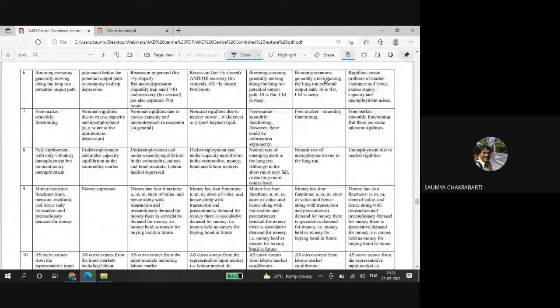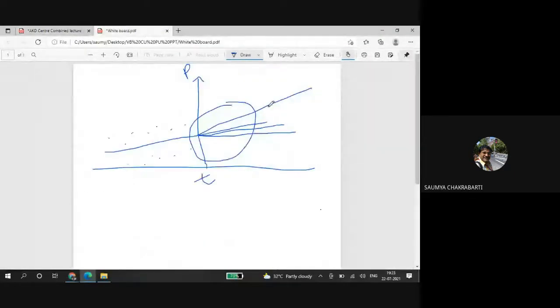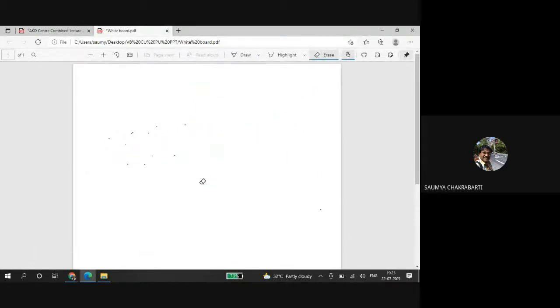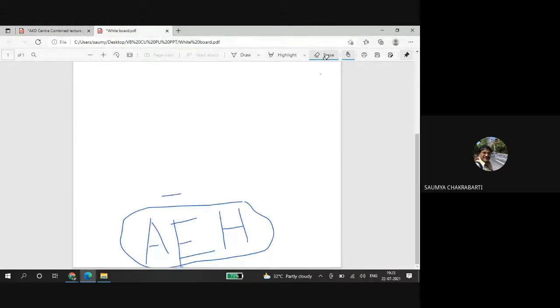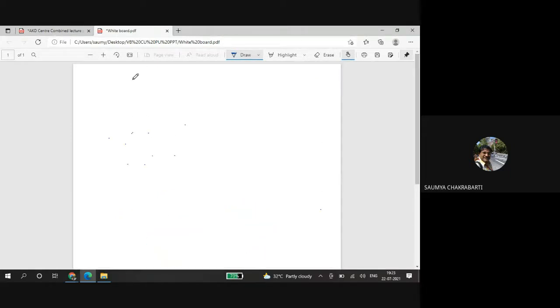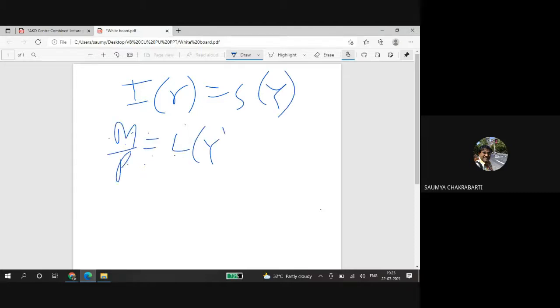That is very important. And what are the changes that we have because of rational expectation in the equation system that we had earlier? So instead of AEH, now we have REH, the rational expectation hypothesis. And there, what we have is this, where I of R is equal to S of Y, all the same, M by P is equal to L1 of Y plus L2 of R, all the same.